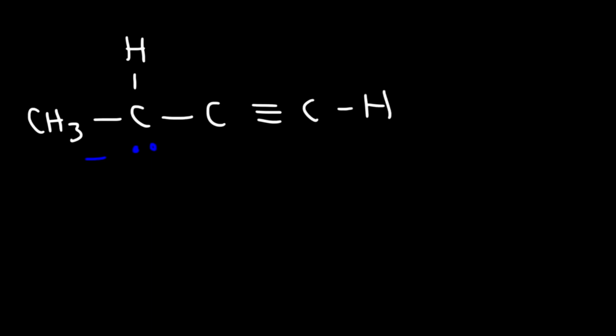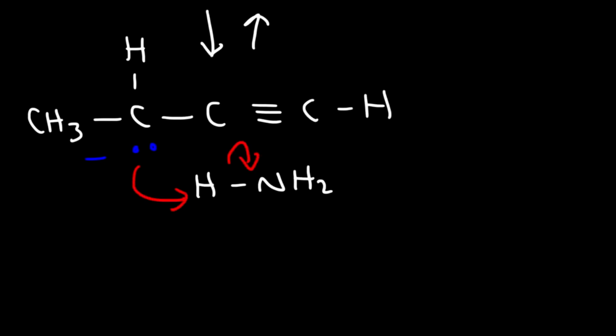And so now we have this. So now we need to react this with ammonia again. So by the way, the previous step that led to this is still reversible. So this will take off a hydrogen, giving us a terminal alkyne.